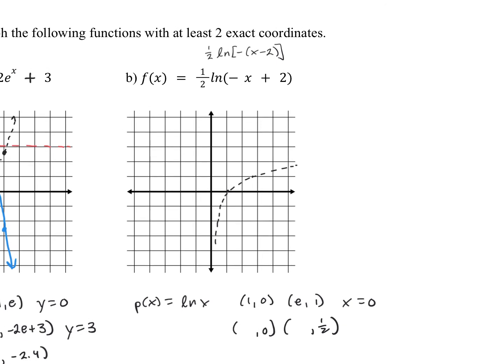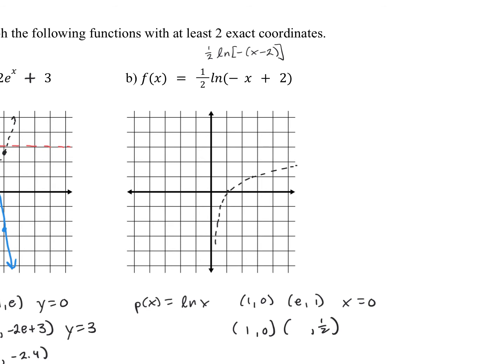So for this function, we have two horizontal transformations. A horizontal reflection, so it's going to go over the y-axis, and this is actually going to shift to the right 2. So we're going to multiply all of our x values by negative 1, and then we're actually going to add 2 to them. So again, here, when I multiply this by negative 1 and then I add 2, it actually stays the same, kind of a coincidence.